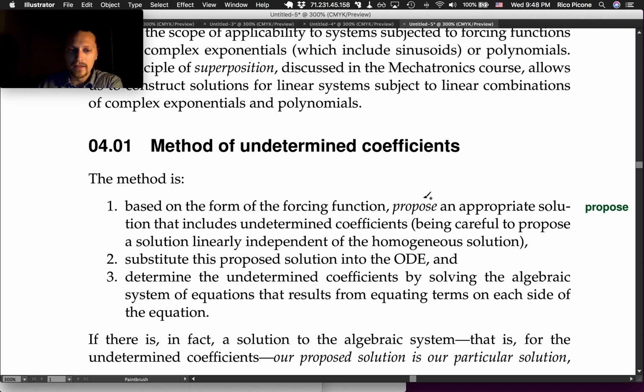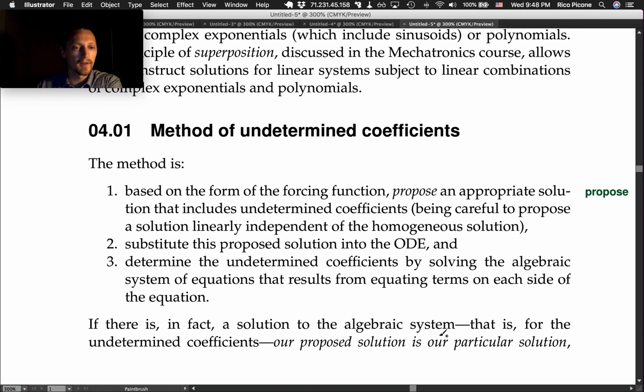Okay, so step 3, determine the undetermined coefficients by solving the algebraic system of equations that results from equating terms on each side of the equation. So we determine the undetermined coefficients in this method as well. So they don't end undetermined, they start undetermined, and we find them.